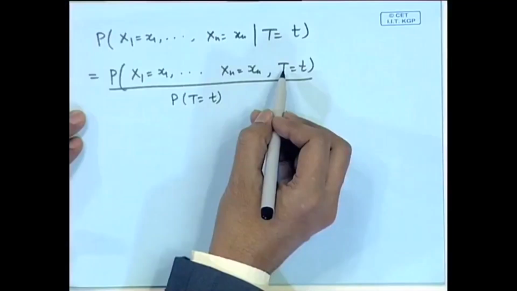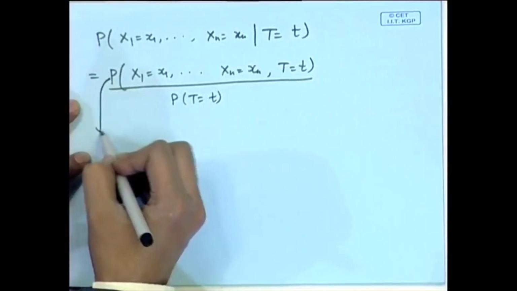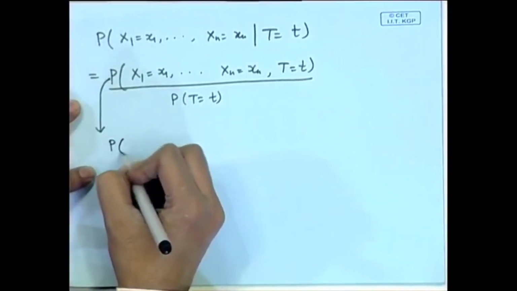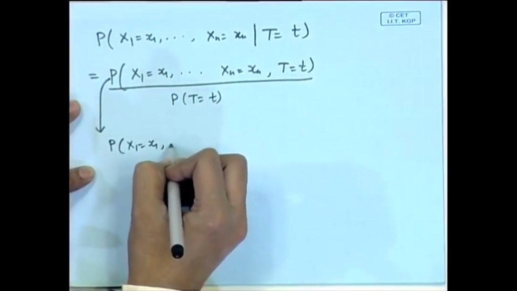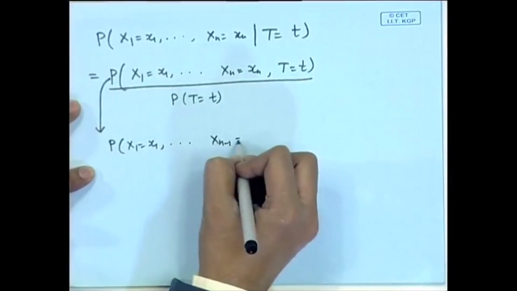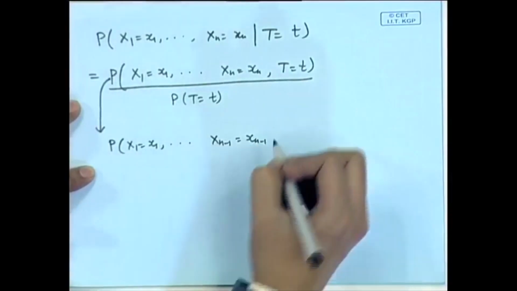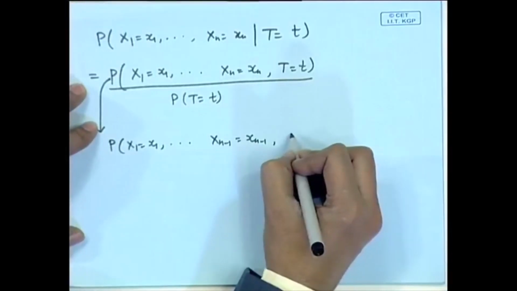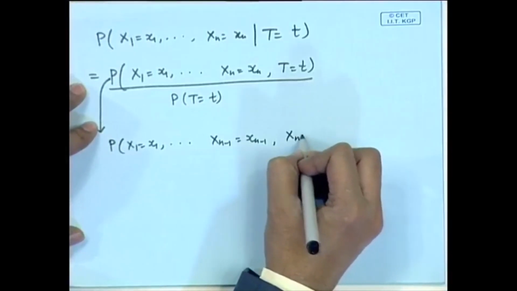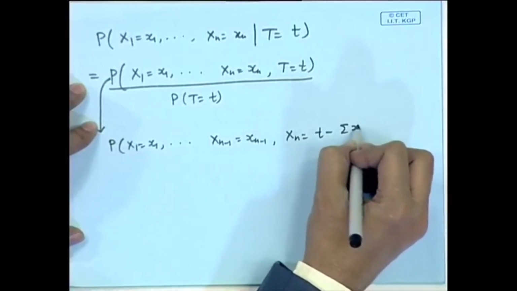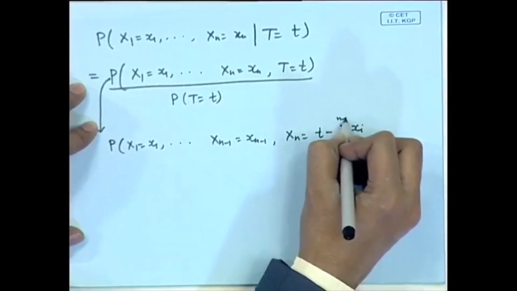How to find out the numerator quantity? We simplify this. We can write it as the probability of X1 = x1 and so on, X(n-1) = x(n-1), and Xn = t minus the sum of Xi, i equal to 1 to n minus 1.